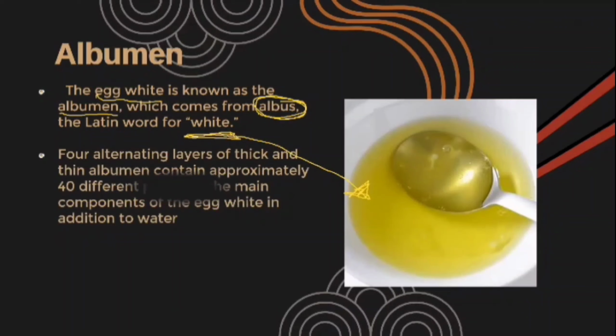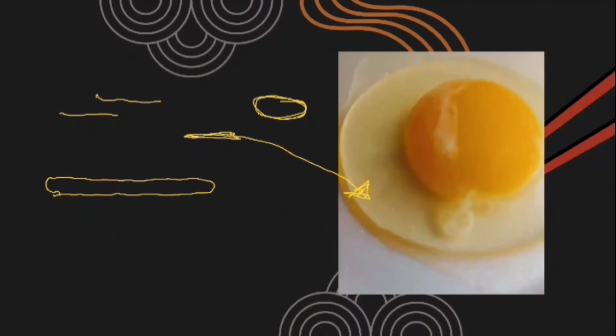Para saan ba yan? Okay, there are 4 alternating layers of thick and thin albumin containing approximately 40 different proteins. Ang dami, no? 40 different proteins pala yung laman ng puting itlog. The main component of the egg white in addition to water. So there are 2 types of albumin, the thick and thin.